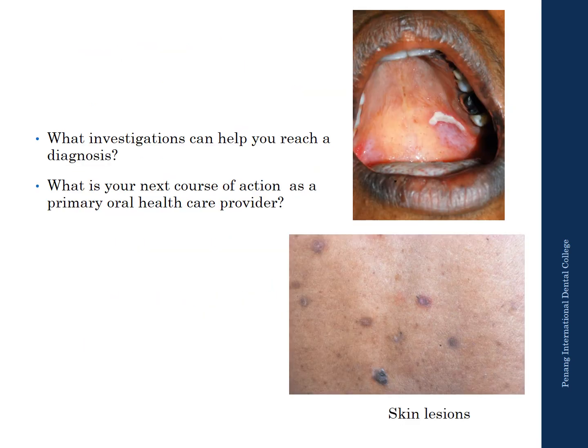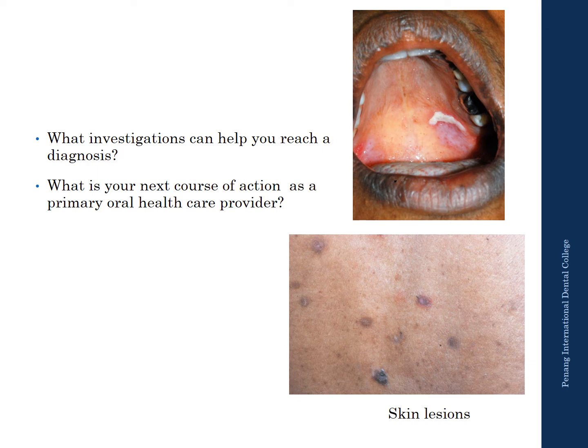Look at the pictures here. You can see the oral cavity. There is a sloughed out ulcerated lesion on the palate, and on the skin there seems to be scab formation and perhaps what were previous ulcers. So, keeping this history and clinical features in mind, what are the investigations that can help you reach a diagnosis?